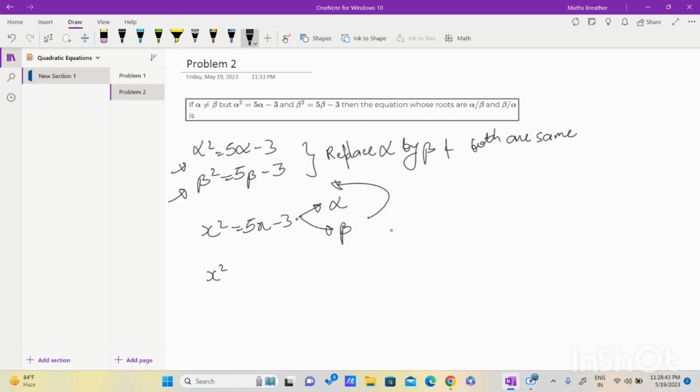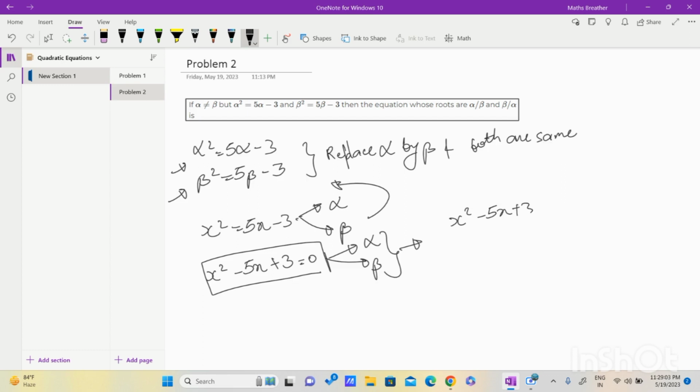In other words I can write x square minus 5x plus 3 equals 0, and I put the values of alpha and beta. So doesn't it seem like only alpha and beta are the values which can make this expression x square minus 5x plus 3 equal to 0?